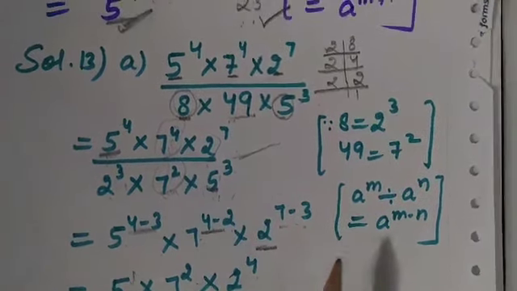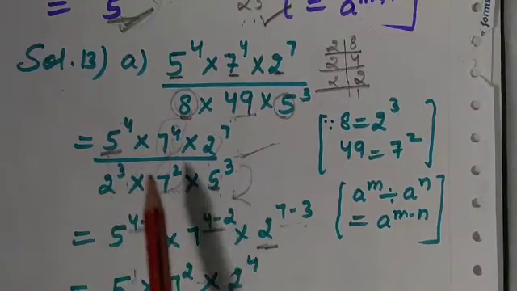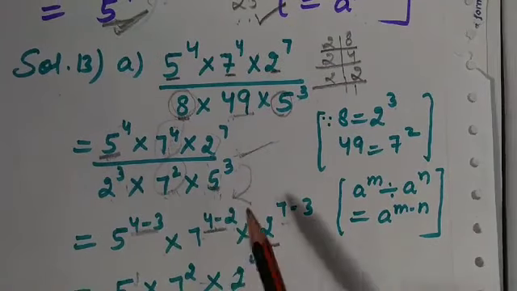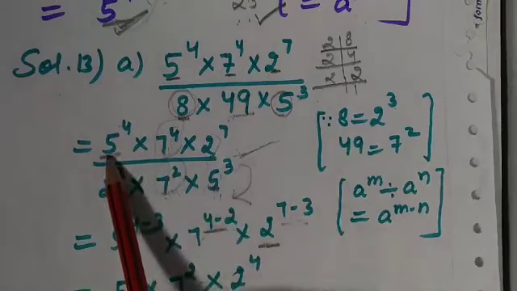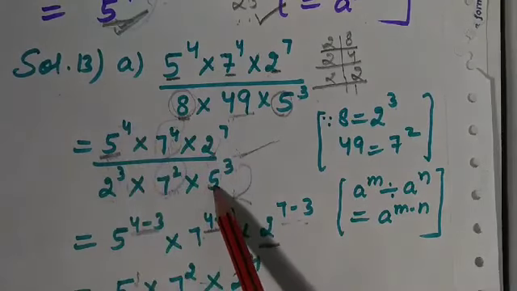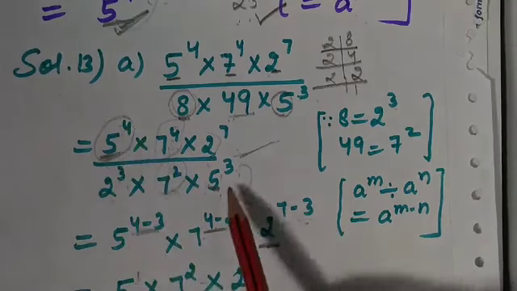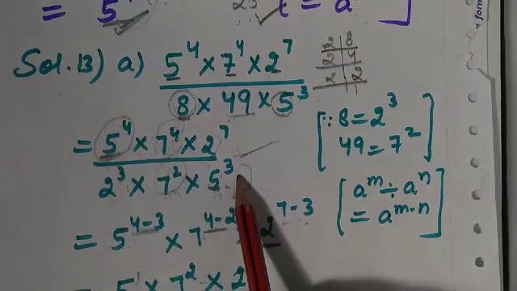Now one more thing, if you don't want to apply the law, you can just simplify like this. You have 5 to the power 4 and here you have 5 to the power 3. This means 5 is multiplied 4 times and this means 5 is multiplied 3 times.